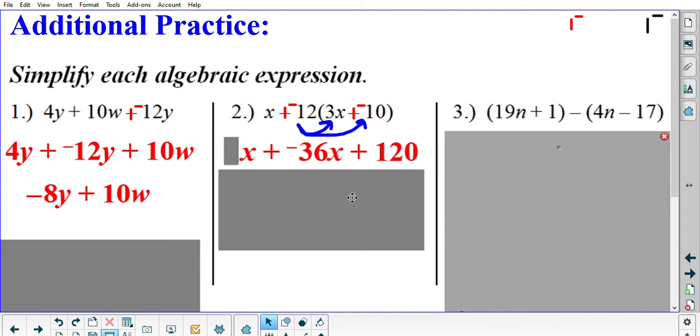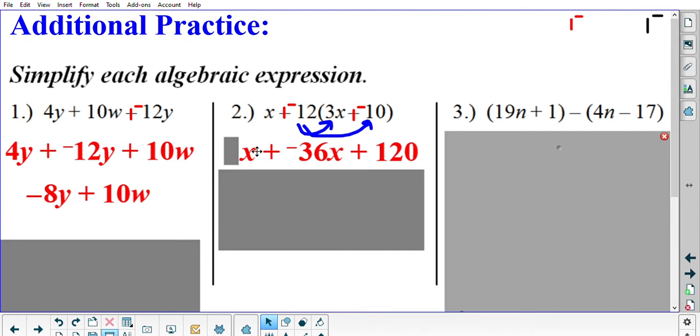Negative 12 times negative 10 is a positive 120. If you did not make subtraction adding the opposite, you probably accidentally had a minus 120, which would have been wrong. This is why I highly recommend making subtraction become adding the opposite, so that way you realize that you were not really distributing a positive 12, you were distributing a negative 12.